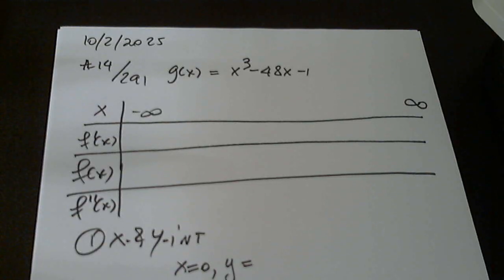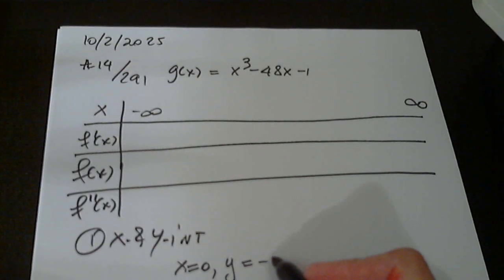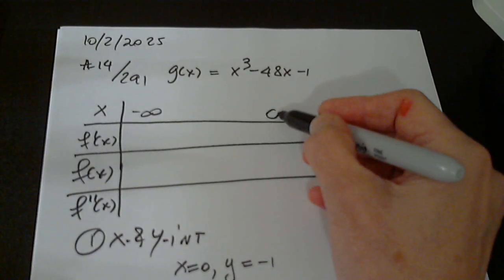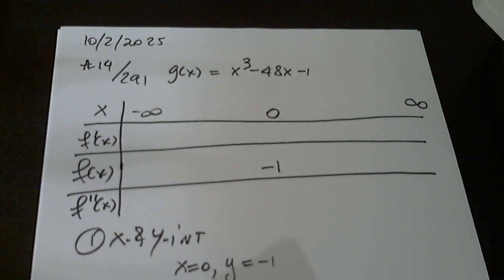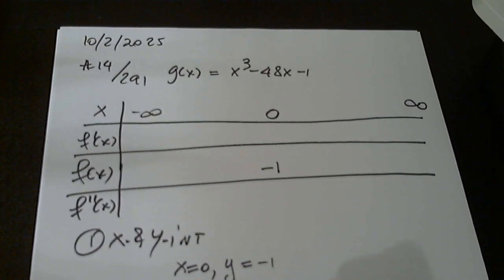When x is 0, how much is y? -1. Perfect. Thank you very much. So (0, -1). Perfect. Now when y is 0, we have x cubed minus 48x minus 1 equals 0.